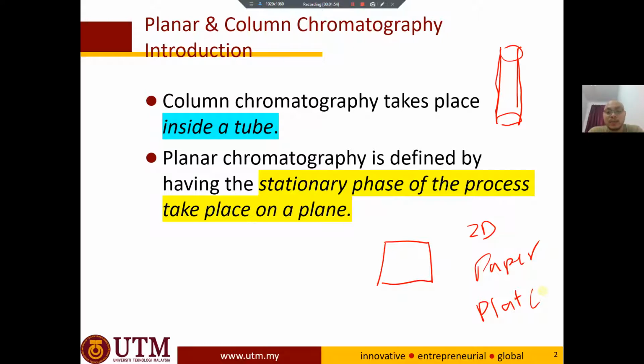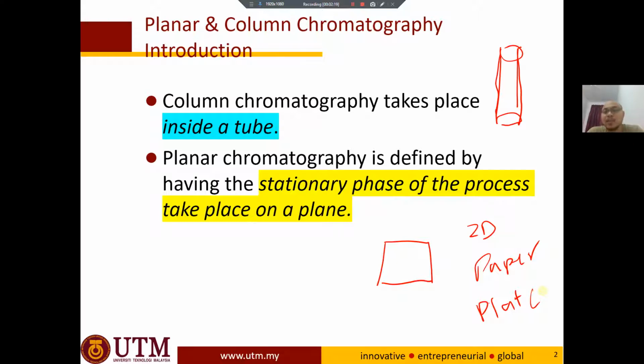That is planar chromatography. Column chromatography is inside a tube, or inside a column. Planar chromatography takes place on a plane. So hopefully if the question asks you to provide the description of column and planar chromatography, you can answer it very well.